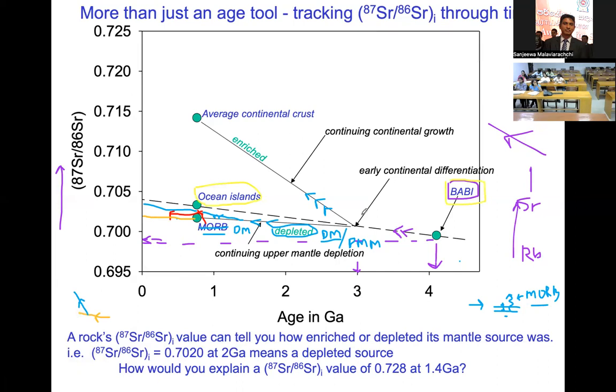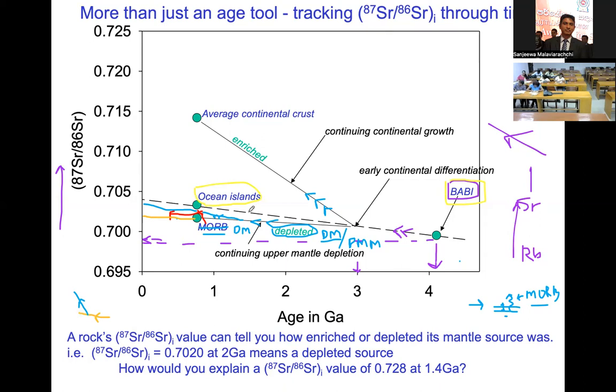Lower mantle, we assume, and not just assumption, evidence is also there, to have almost equal composition to the primordial or meteoritic or chondritic composition. So therefore, ocean islands should evolve along that line, right? They have not fractionated.